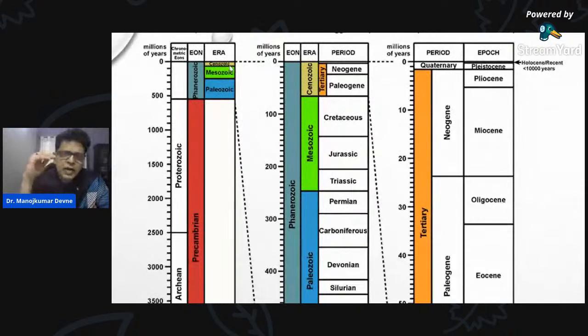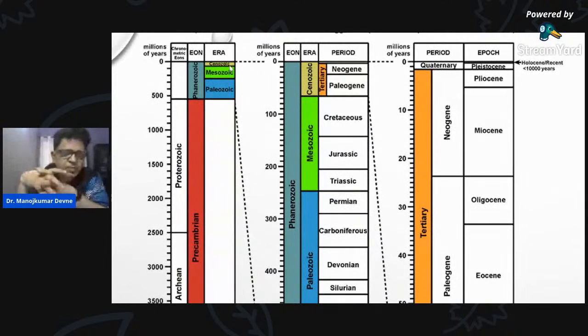An easier, non-technical way to remember how this is divided: the Paleozoic era accounts for half of the 600 million years. That leaves around 250 million years. Then two-thirds of the remainder is used up by the Mesozoic, leaving only around 60 to 70 million years for the Cenozoic, or modern life period.